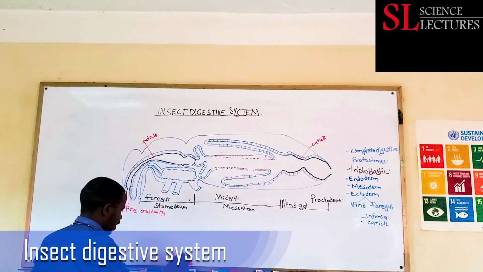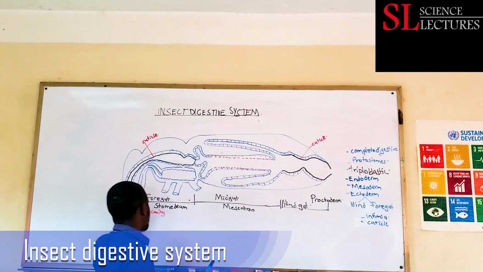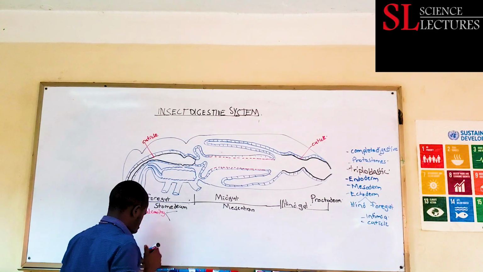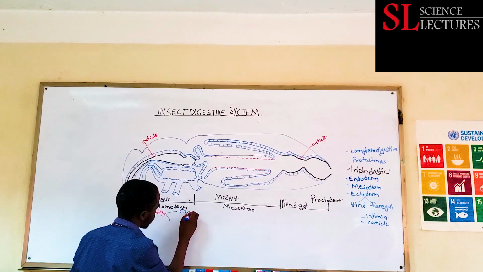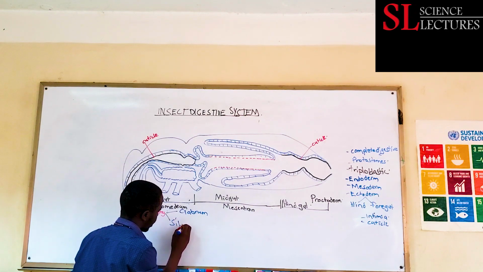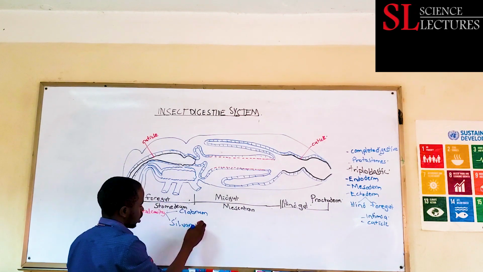So, this is before you move into the oral cavity. This preoral cavity is divided into two parts. Number one, the cibarium, and the salivarium.